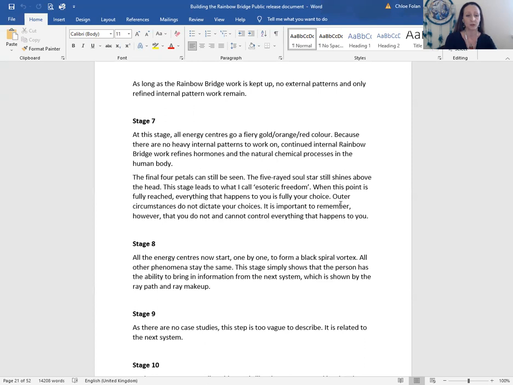So like that, while you'll always be able to very quickly steady yourself because of the integration point you've reached with building the light body with stage 8. But that's my best way of describing this very briefly.